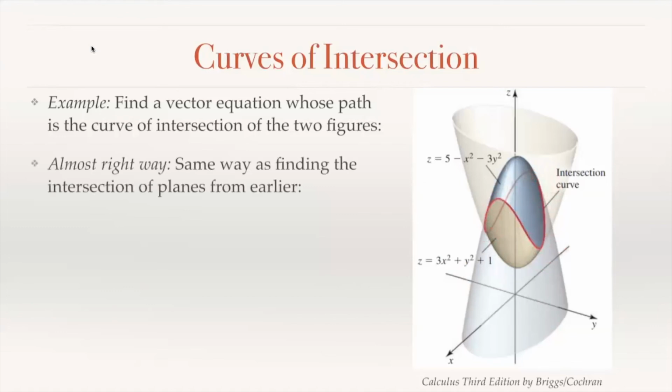So you might be thinking, okay, well, back when we found the intersection of two planes, we wanted a parameter t. So we let one of the axes be that parameter. In that case, we let z be t. So we might be thinking, okay, can we let z be t?